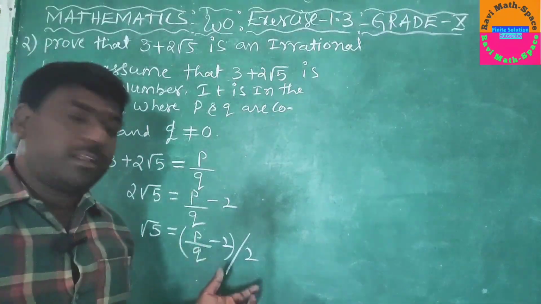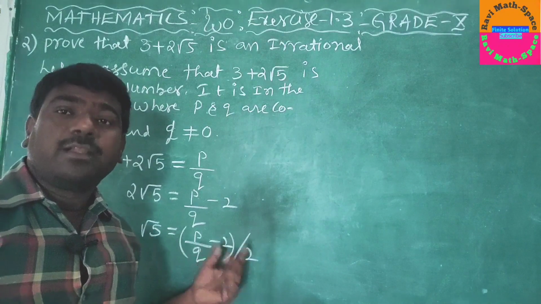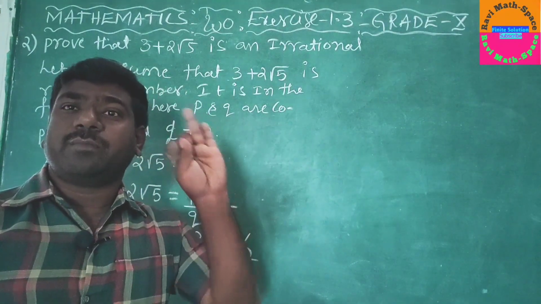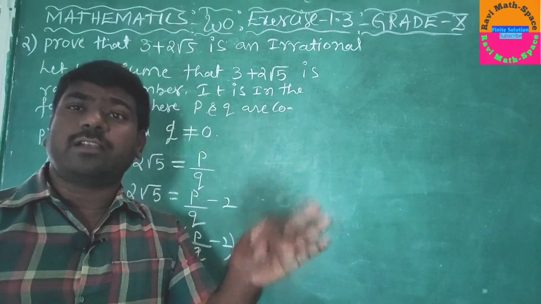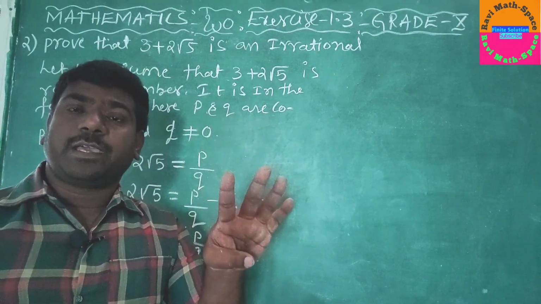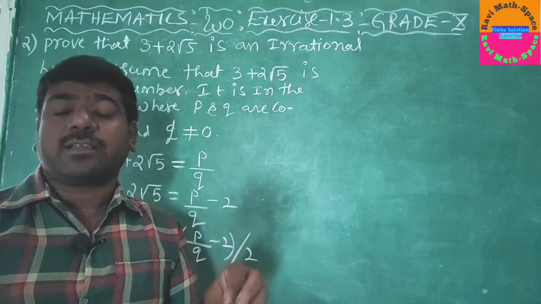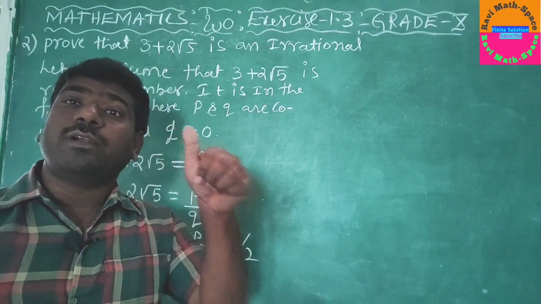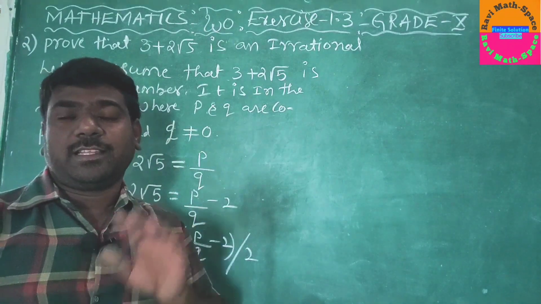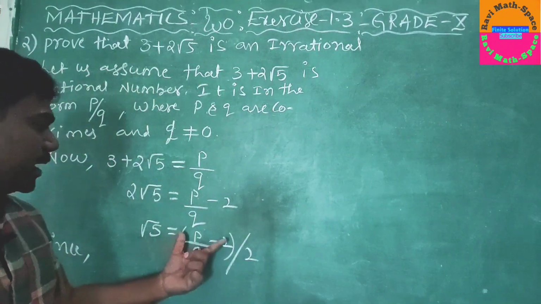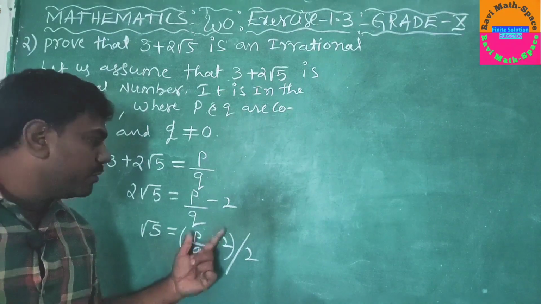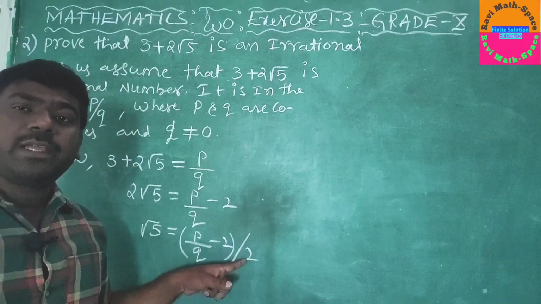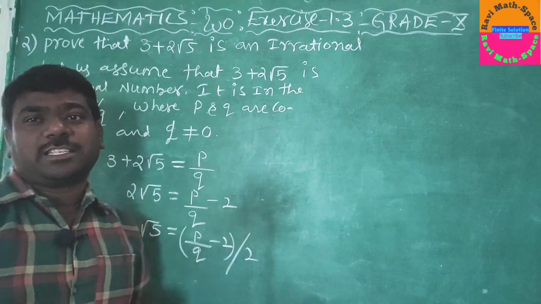The concept here is that you should understand very carefully. We already know that if we do addition, subtraction, division or multiplication on rational numbers, the answer we get is always a rational number. That is the concept here. So rational number subtraction gives us a rational number only. Again, if I divide by a rational number, it again becomes a rational number.